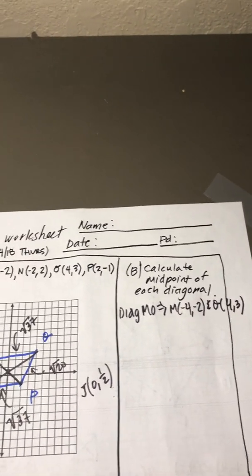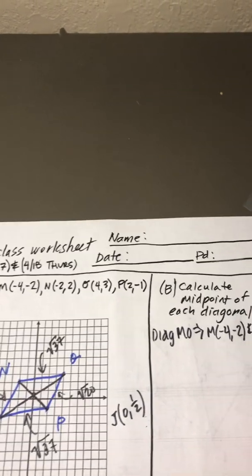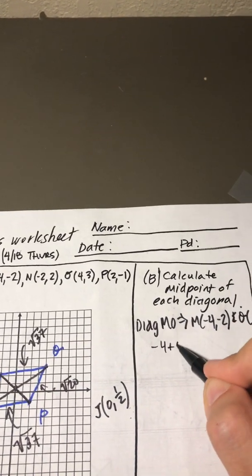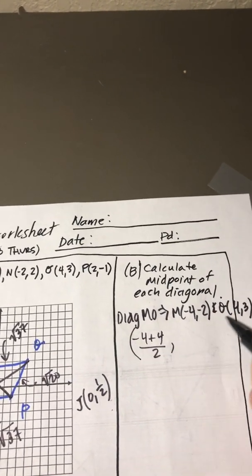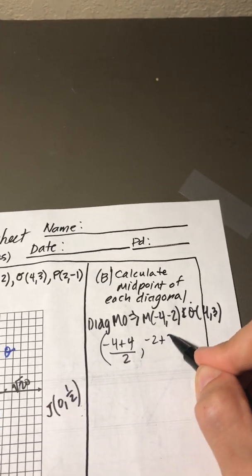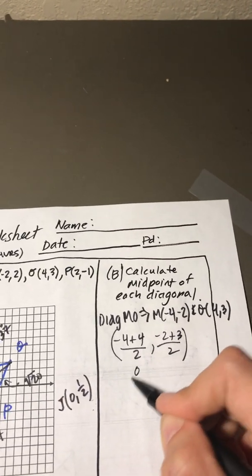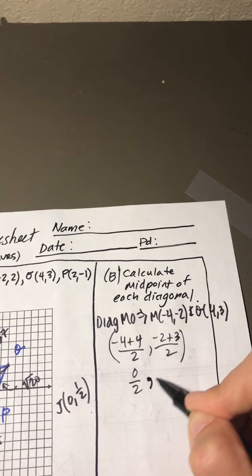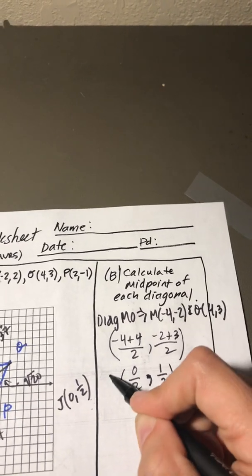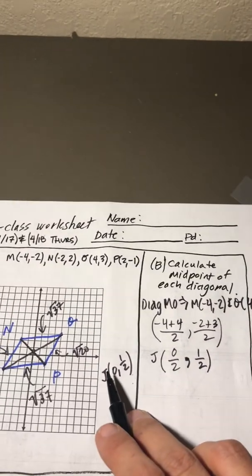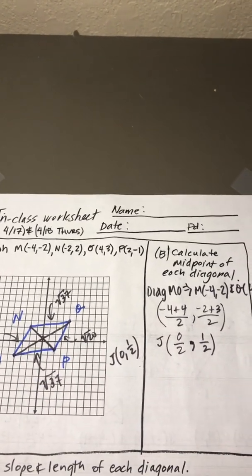So when we see this, we say to ourselves, okay, I add the 2 x coordinates and divide by 2. I add the 2 y coordinates and divide by 2. Good stuff. I ended up getting what I had hypothesized.